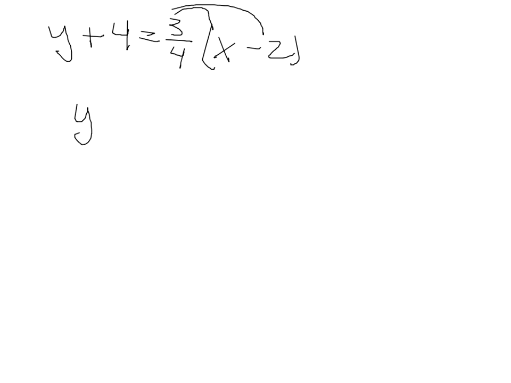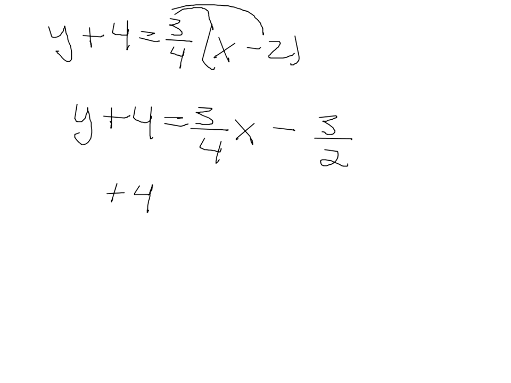What I do is I distribute, I get 3 halves, and now I add 4 to both sides.